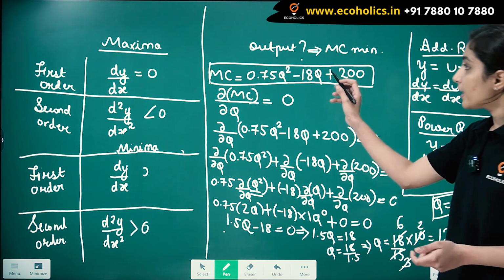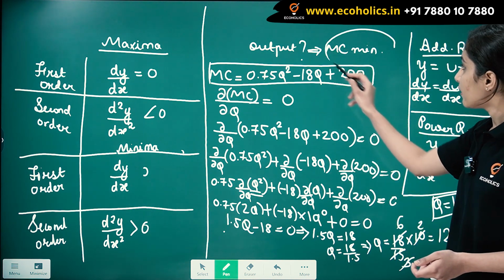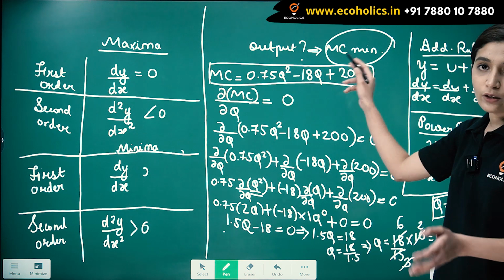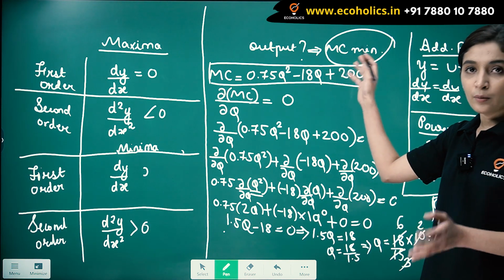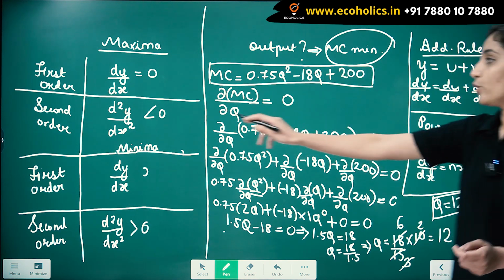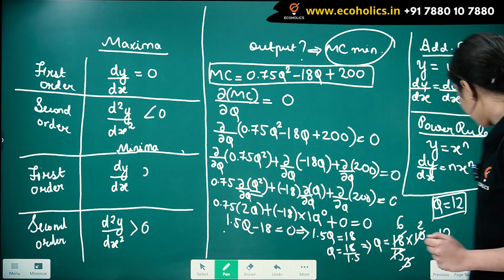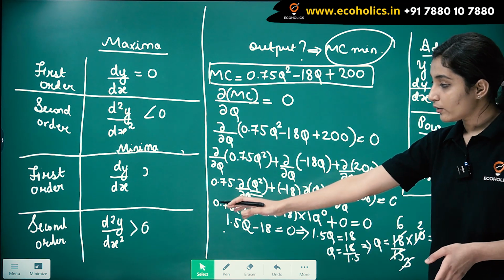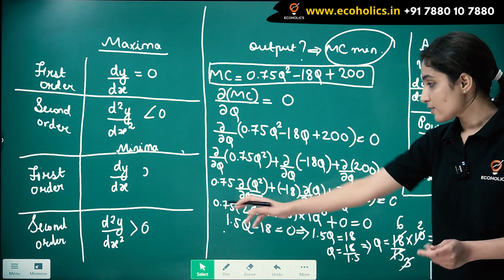But now we need to see if this is the output at which our marginal cost function is minimum. For that, we are going to use our second order condition, which states that the second order derivative should be greater than 0.